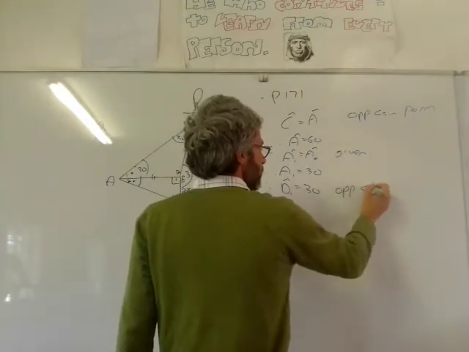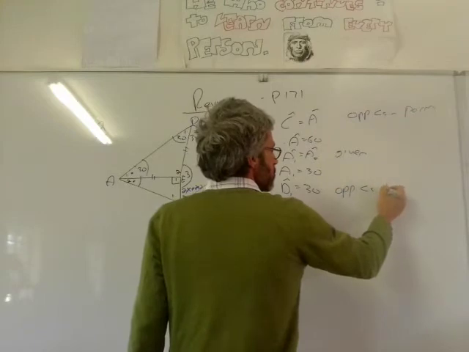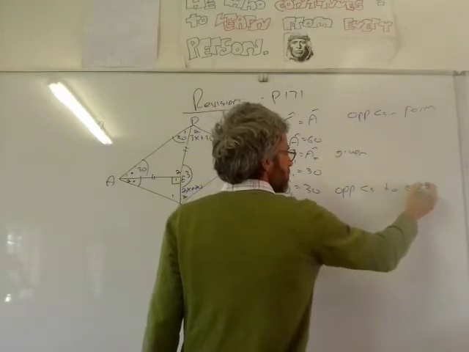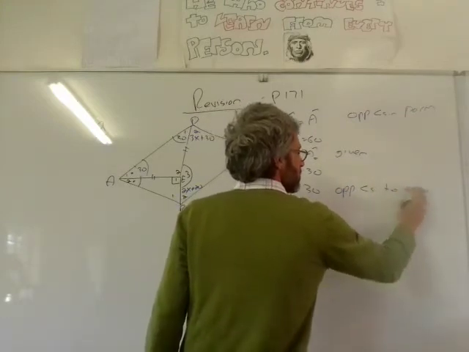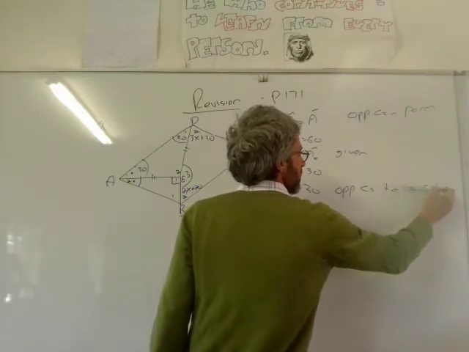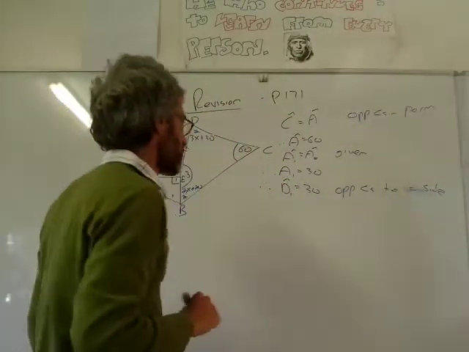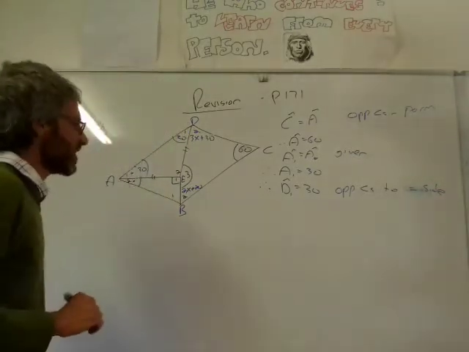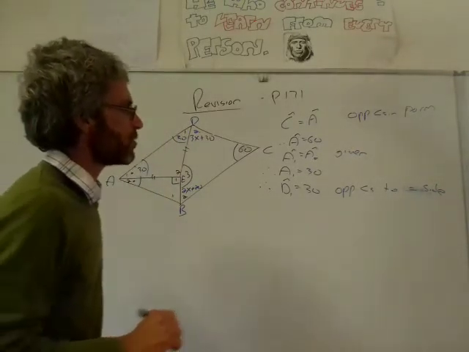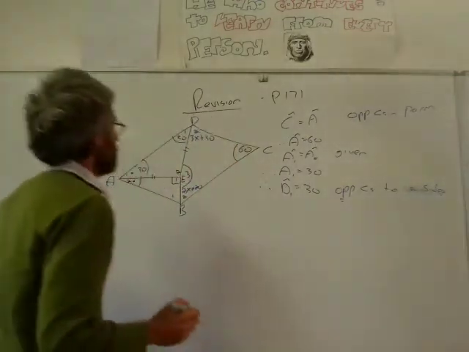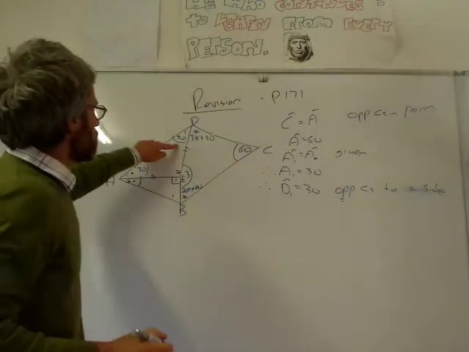Angles opposite equal sides are equal. Something like that. It doesn't matter what you write, you'll get the marks. So we know this is 30.